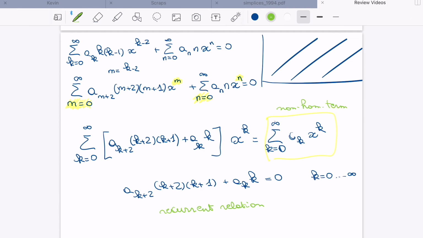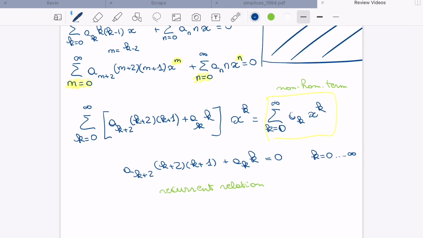So if we're changing the problem to add a non-homogeneous term, then our recurrence relation would actually be that the coefficients of the left-hand side and of the right-hand side need to be equal. So handling non-homogeneous terms with power series is actually quite easy.